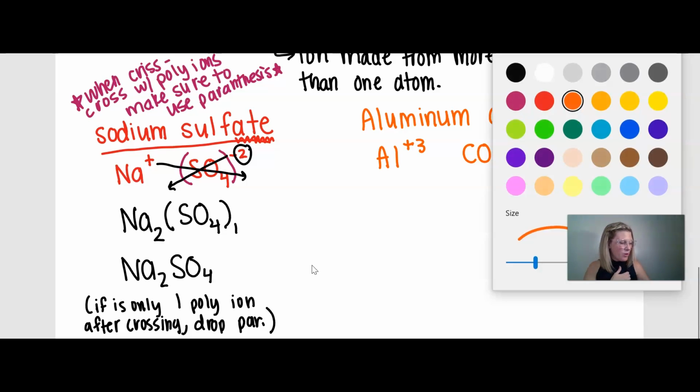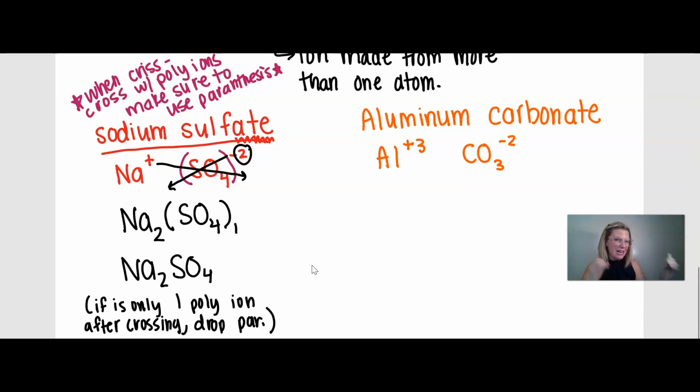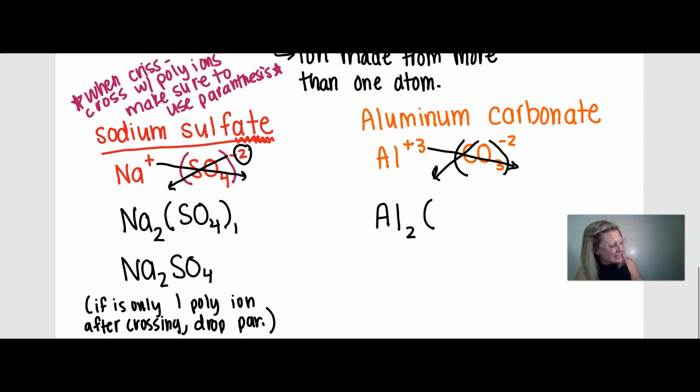Okay, and now we are going to put our carbonate in parentheses. CO3 goes in parentheses. We criss and we cross, and we end up with Al2(CO3)3. Okay, and we have to have that there because now this tells us that we have 3 of these carbonate ions.